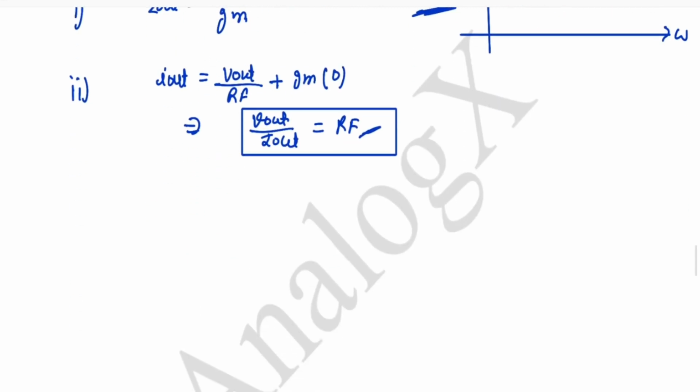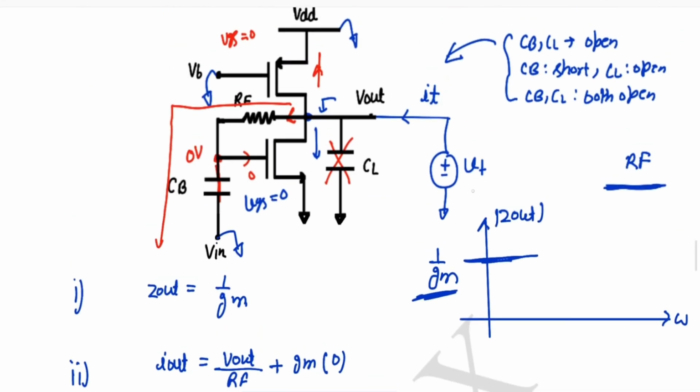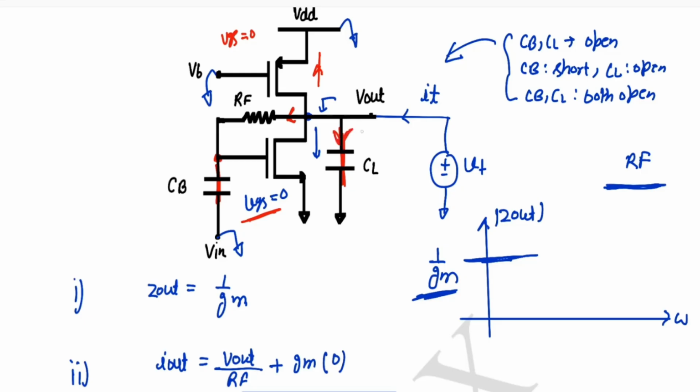Now in the third case, both capacitances are shorted. Both capacitances are short circuit. So again, Gm VGS, the internal current of the MOSFET, will be 0, and this current will be 0.